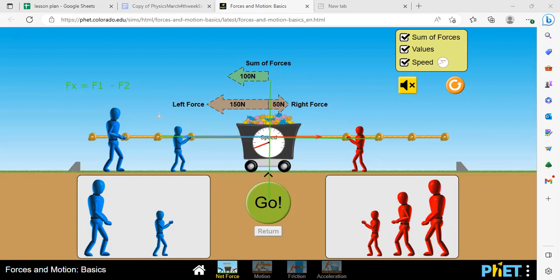So, yan. Since meron kang hindi balance yung nangyari. So, meron kang net acceleration. Okay?